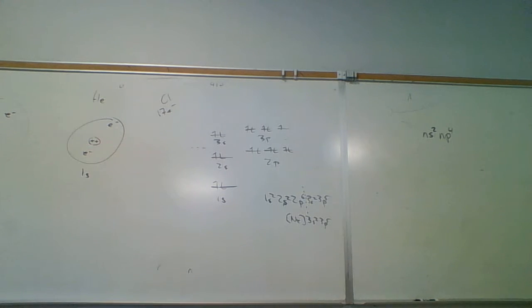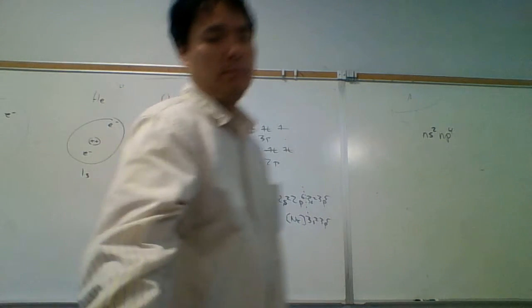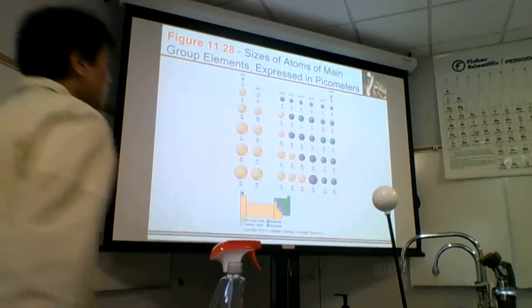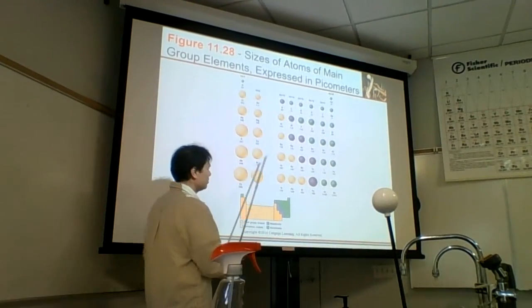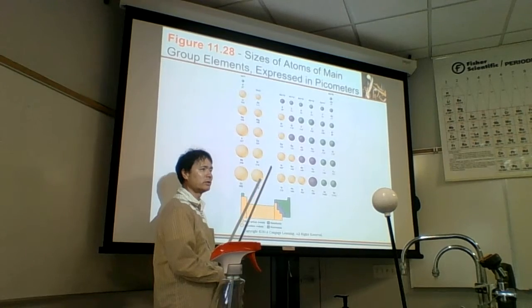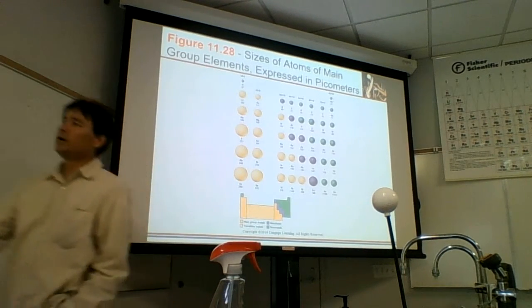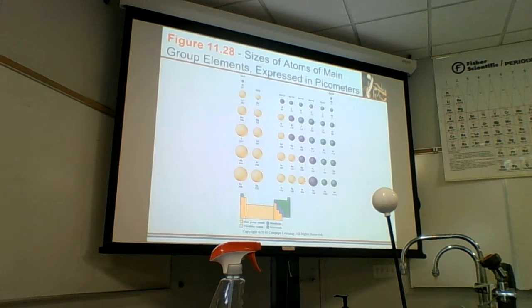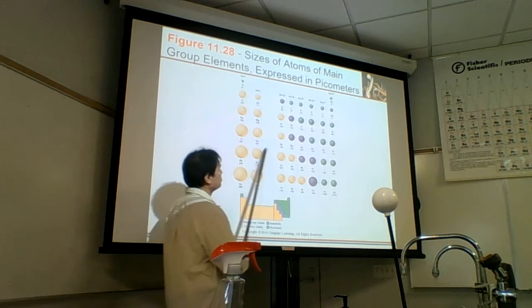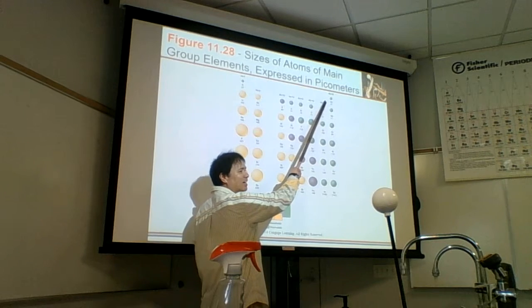The trend goes with size. The closer the electron is to the nucleus, the harder or the easier it is to remove? The harder. So what's harder to remove? An electron off helium or an electron off hydrogen? Helium. Helium's going to be harder to remove. And so the trend in ionization energy is this. Small atoms are hard to ionize.